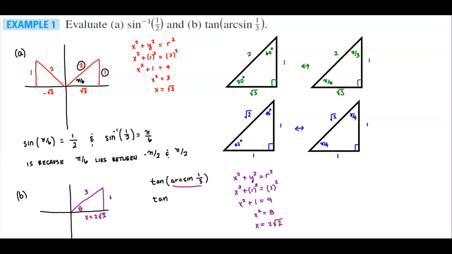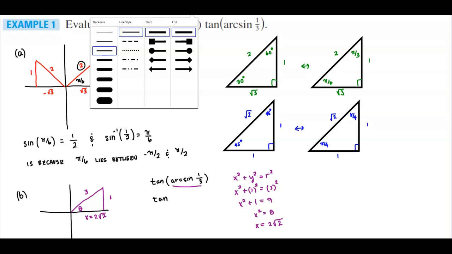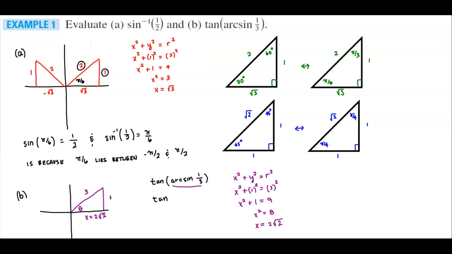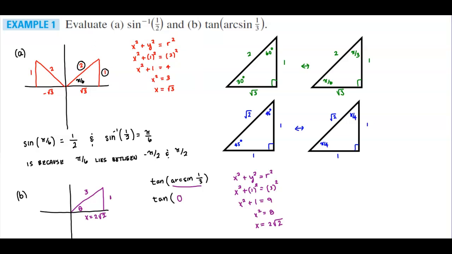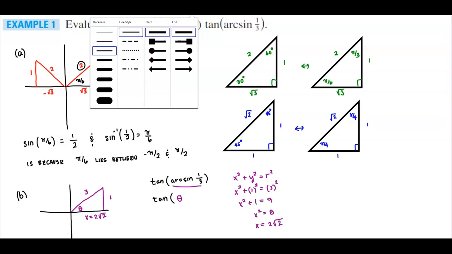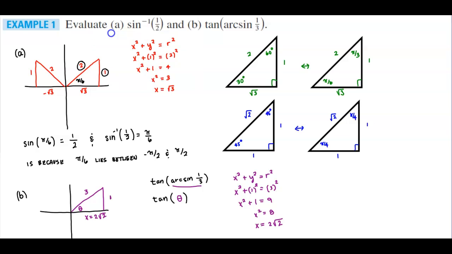We're looking for the angle. So what does that mean? That means that this now becomes the tangent of theta, because theta represents the angle of the arc sine of 1/3.